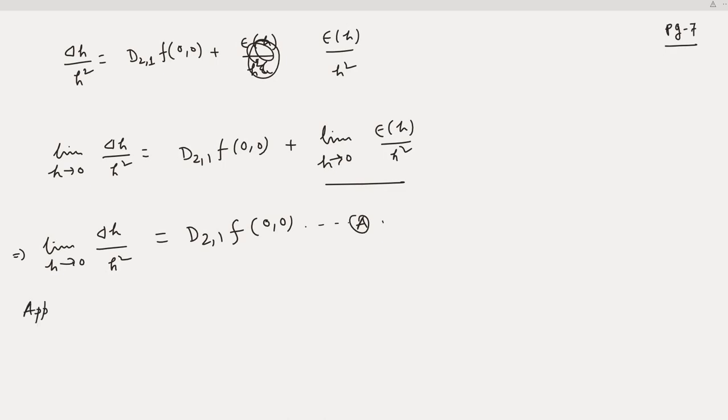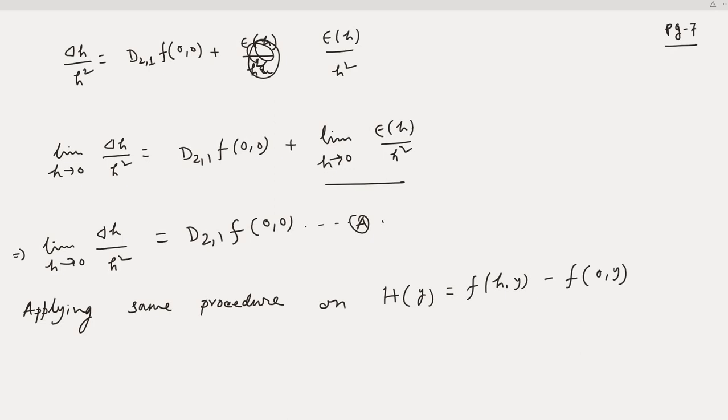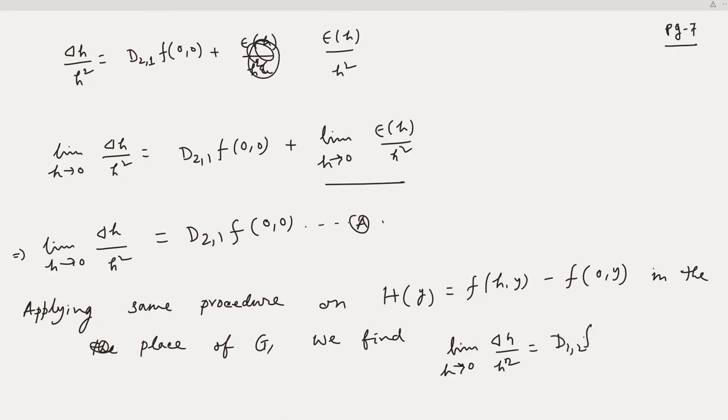Now applying the same procedure on the function h of y equal to f of (h, y) minus f of (0, y) in the place of g, we can find that limit h tends to 0 of delta h over h square equals d_{1,2} f at (0, 0).